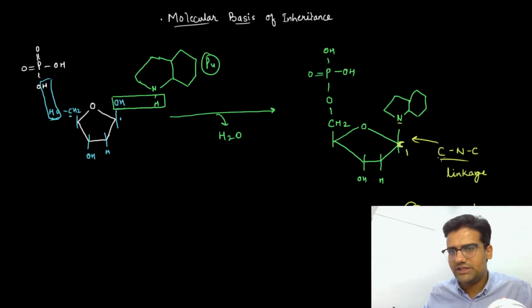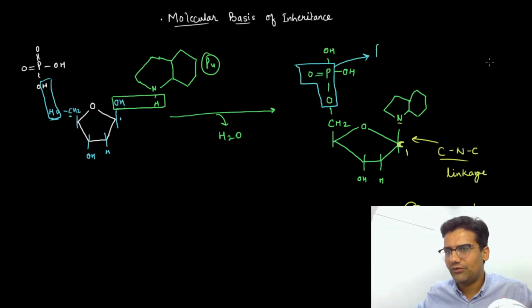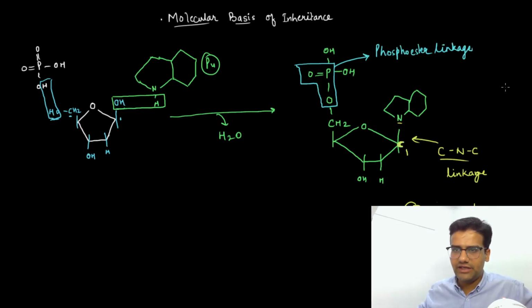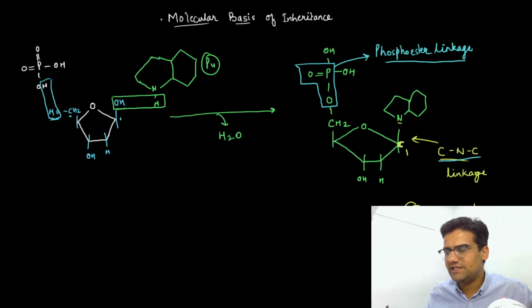This bond here is basically what we call the phosphoester bond. So this is the phosphoester linkage, and this linkage is the CNC linkage.